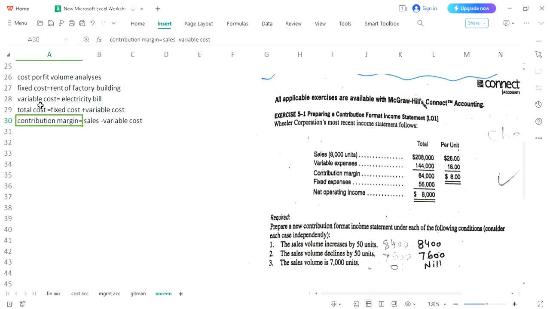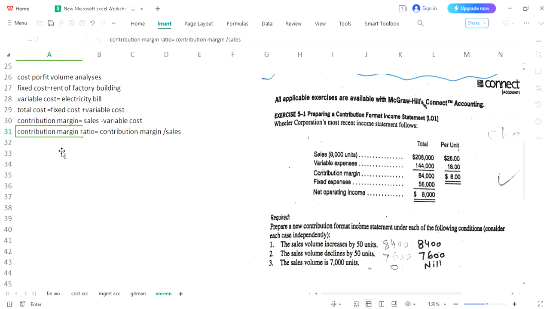And then we have discussed contribution margin ratio. How do you calculate it? You take the contribution margin as you calculated in the previous line, and you divide it by the amount of sales.